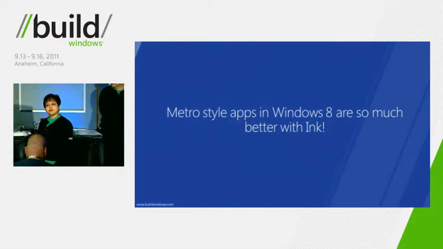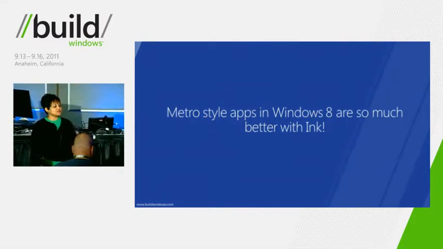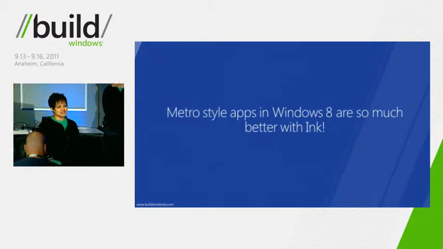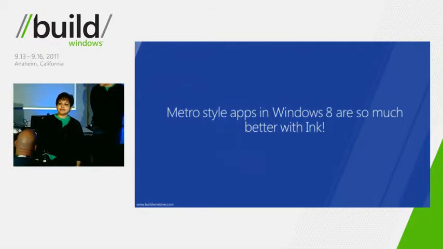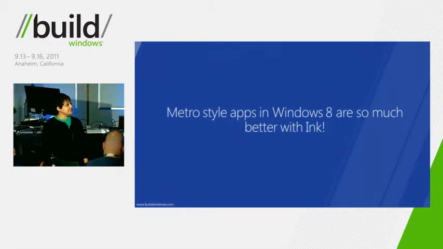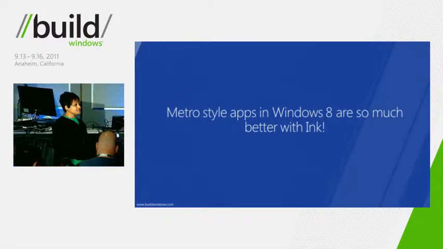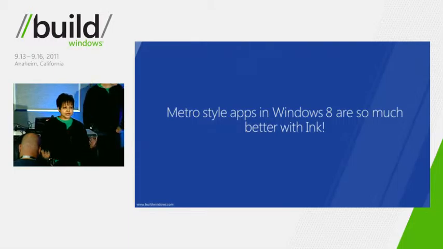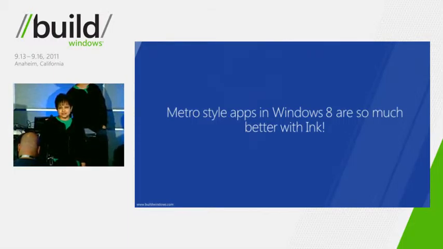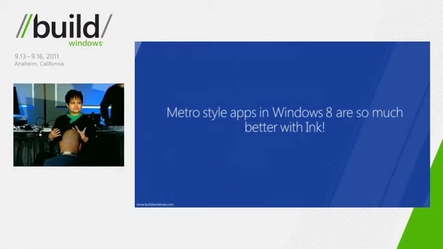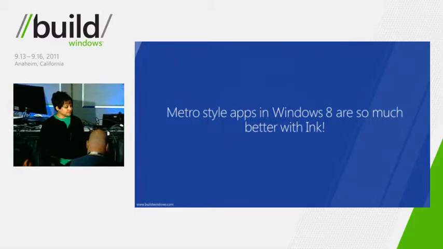You've heard a lot about Metro-style apps. I hope so. It's day 3, and we started with Metro-style apps. So when we started thinking of what can we do with inking for Metro-style apps, we said, why not give the developers, that is you guys, a way to spice up your Metro-style apps and create the differentiation by adding pen, precision, and inking.